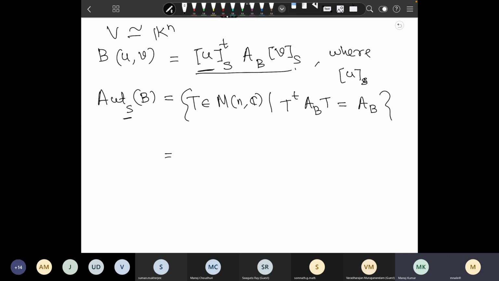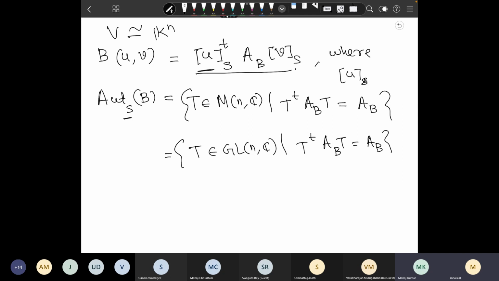I have told you that any element of the automorphism group of B is an invertible element, so T belongs to GL_n(K), such that T transpose A_B T is equal to A_B.